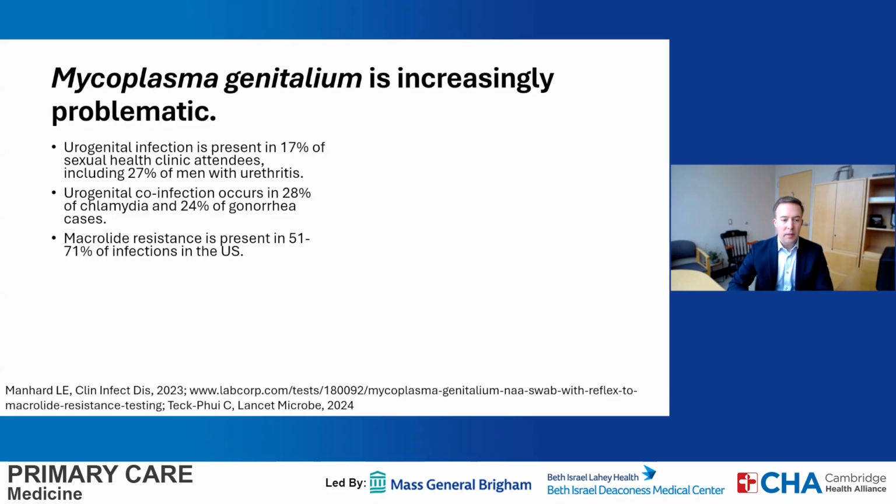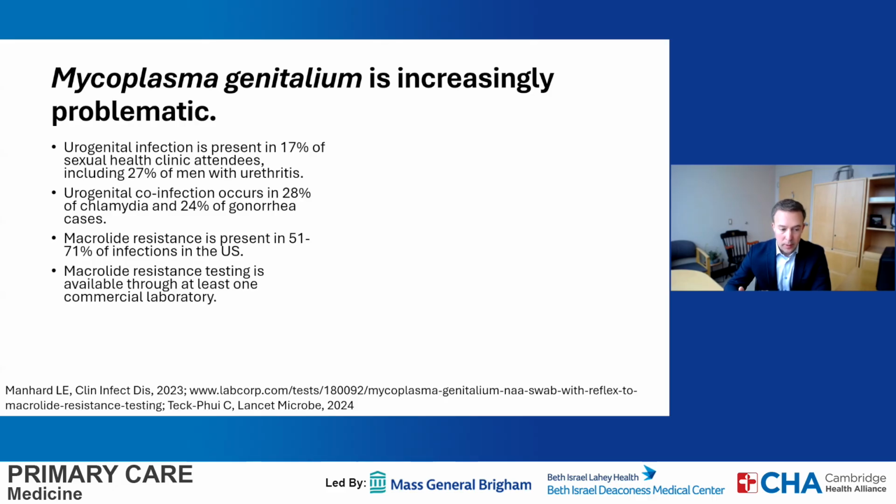As I mentioned a moment ago, macrolide resistance is present in up to 71% of infections in the US, and this is really geographically distributed, with high rates of resistance, for example, in North Carolina, and lower rates of resistance in some other places. But chances are in many locations that these infections will not be susceptible to macrolides.